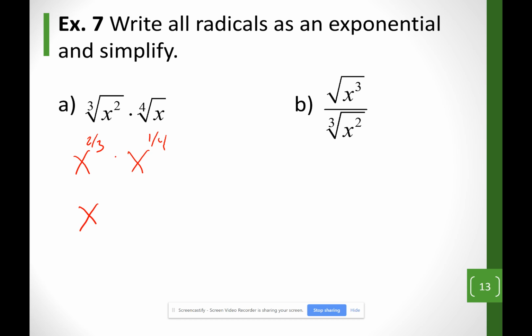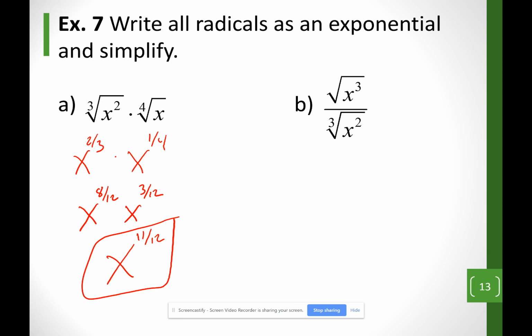Now 2/3, let me rewrite that as, I want the common denominator. So on the first one, let me multiply top and bottom by 4. So I have 8 over 12. On the second one, let me multiply top and bottom by 3. I have 3 over 12. Now that I have a common denominator, I'm going to add them. So I have x to the 11 over 12.